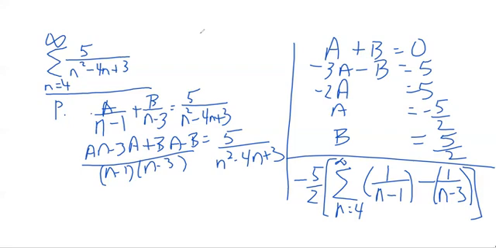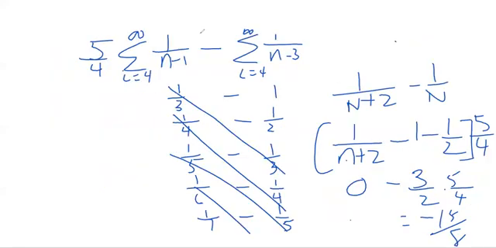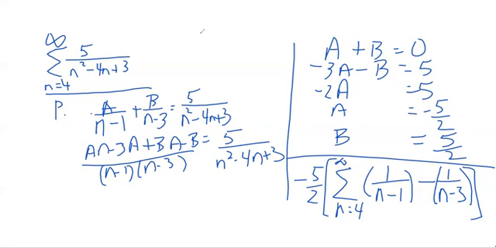So in order to move forward, let's really break this down. Okay, so there was a little technical difficulty. So I'm going to have a situation where I have negative 5 halves times this summation. Now I'm converting to i, but don't let that upset you too much.